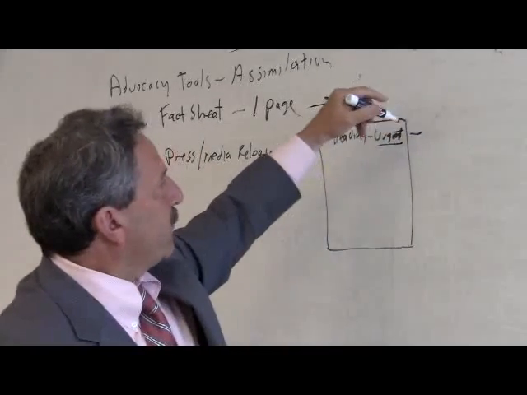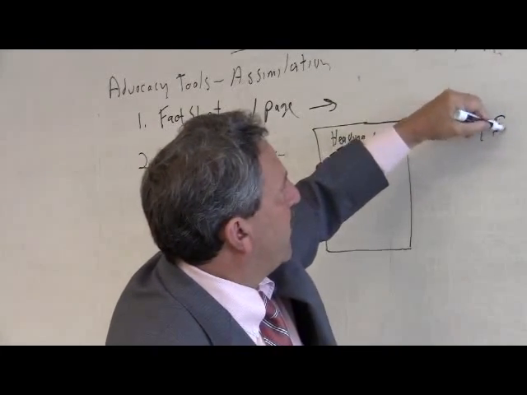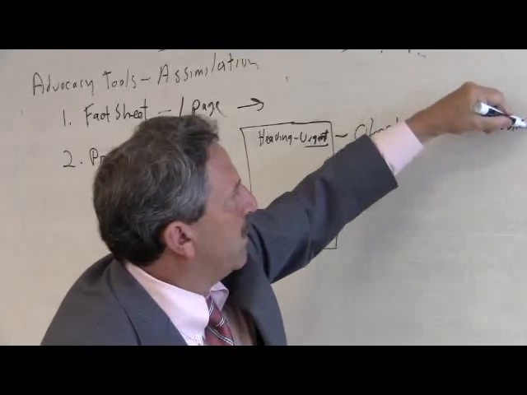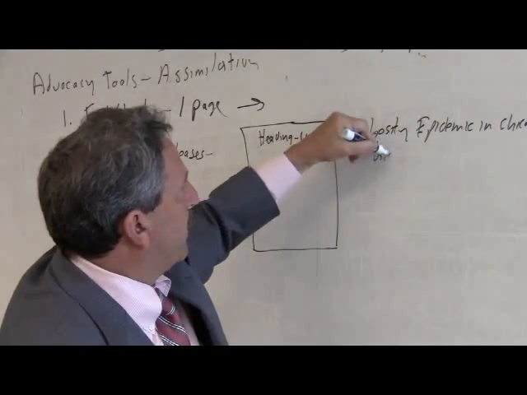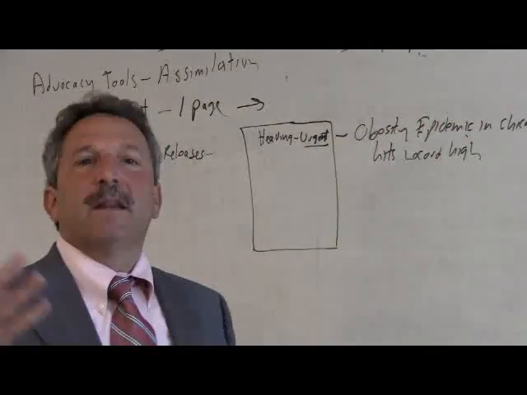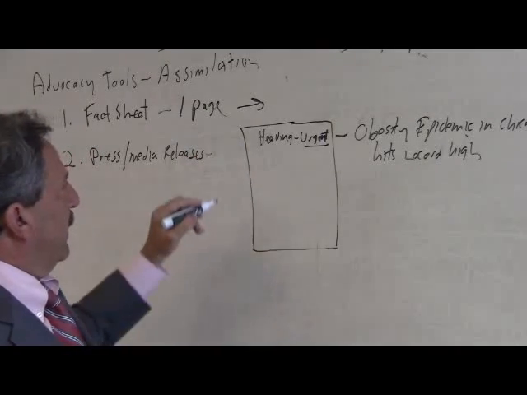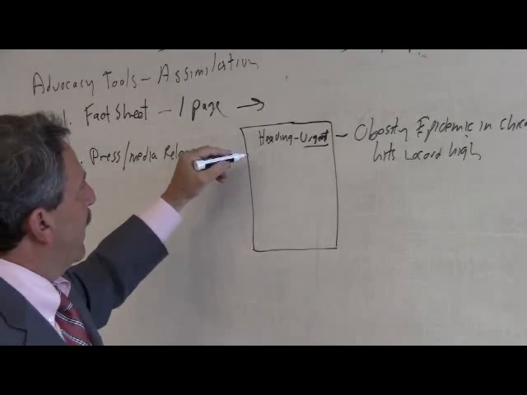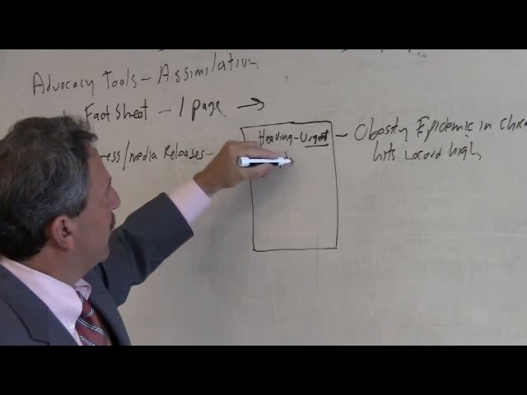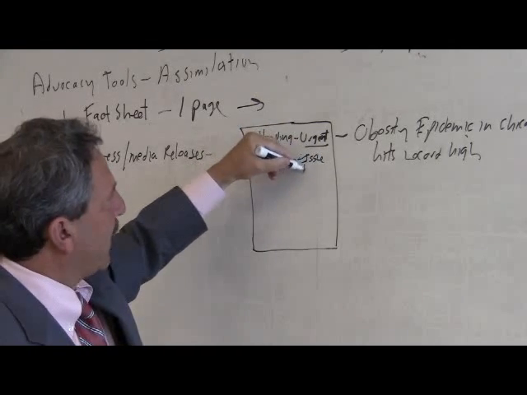For instance, obesity epidemic in Chicago hits record high. Something like that. So the first thing that we have in a media release is a heading. We then have a description of the issue and the proposed action.